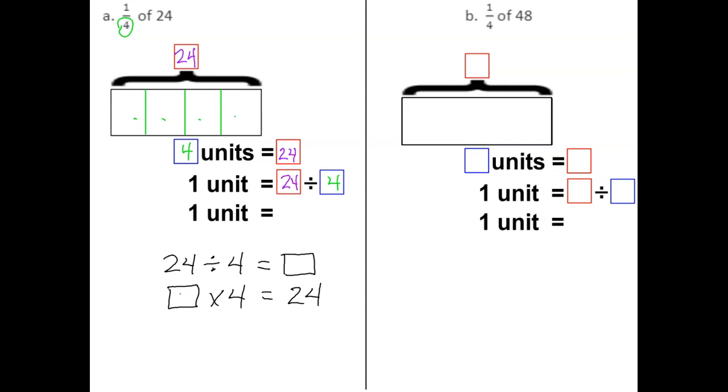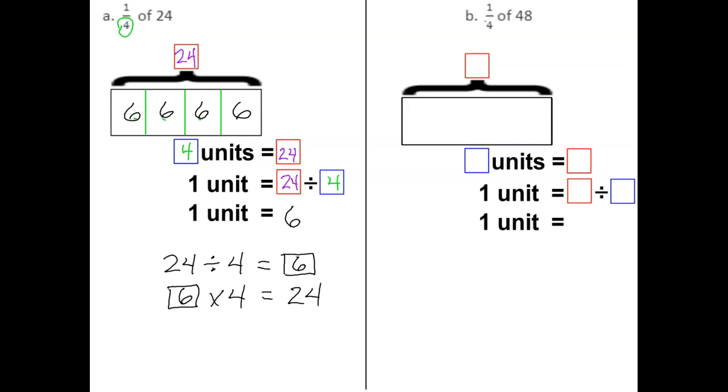So if I can solve what times 4 equals 24, then I know 24 divided by 4 equals what? Same thing here. Hopefully you said what number is going to go here? 6. Good job. So that means that my answer would be 6. So we have 6, 12, 18, 24. 1 unit is equal to 6.